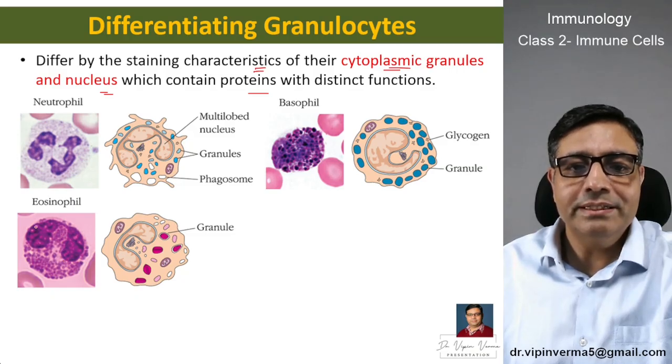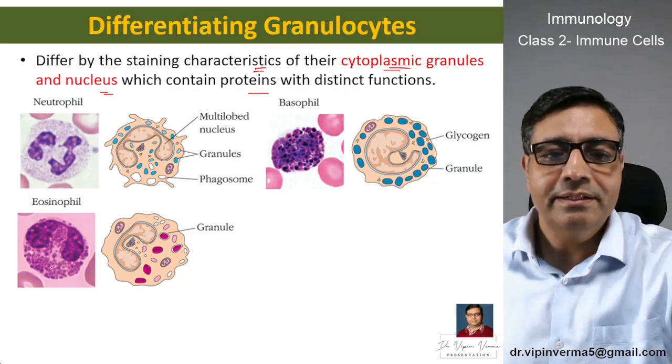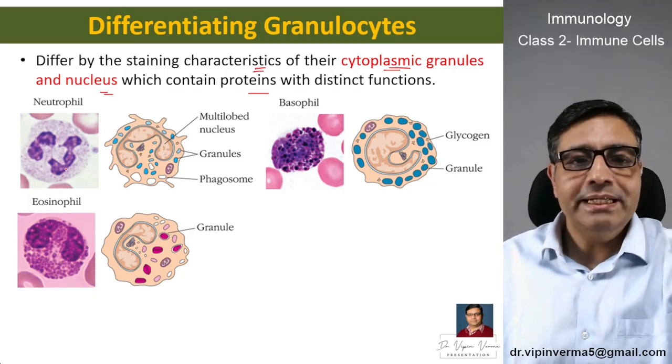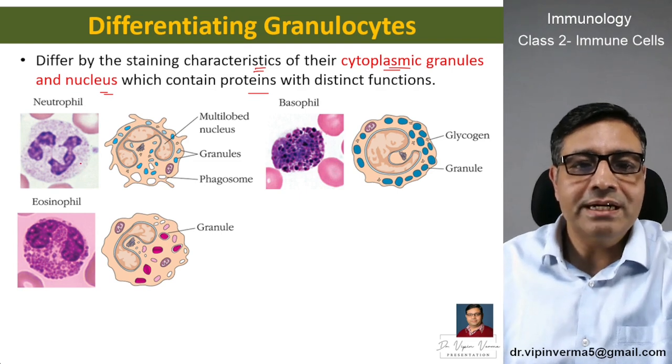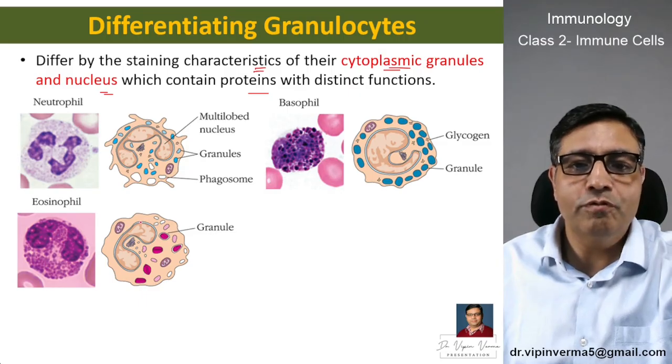You can see here it has a bilobed nucleus, and these are the pink stained larger granules. If you look for the difference, in the neutrophils the granules are lightly stained and smaller as compared to the darker granules in the case of eosinophils.